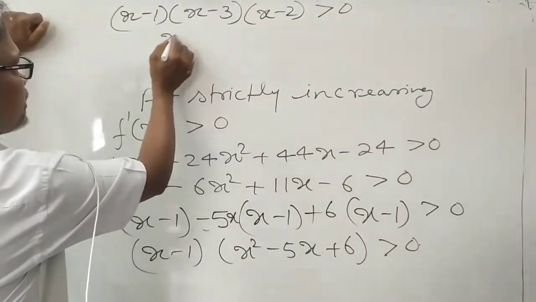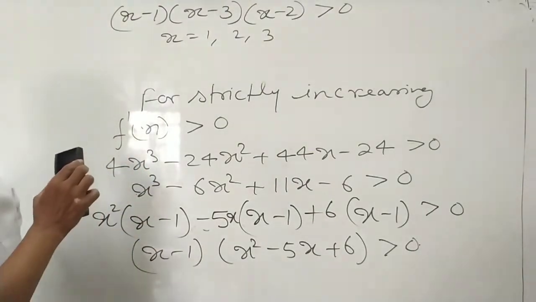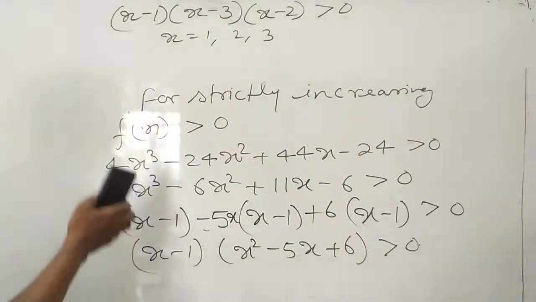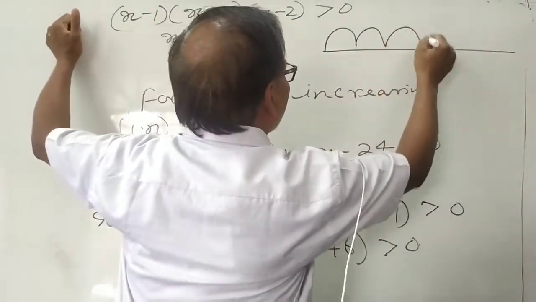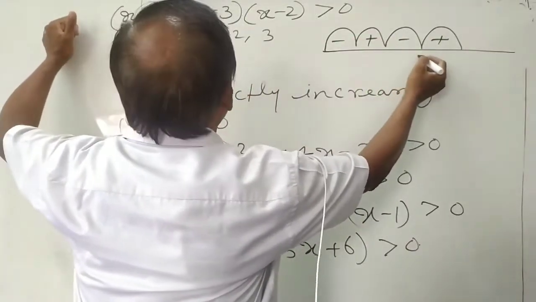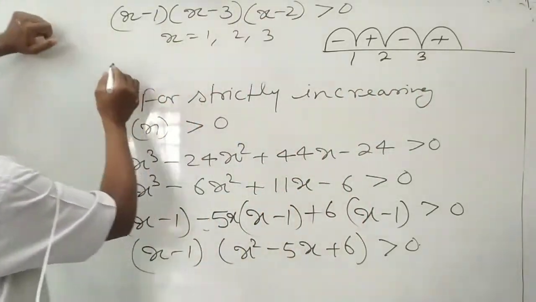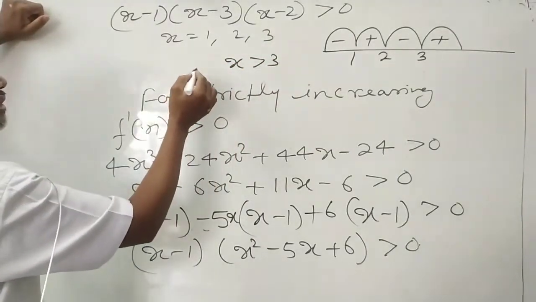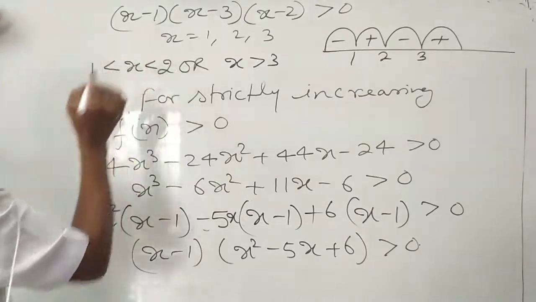Thereafter, there are 3 values, 1, 2, 3. So in the Wavey's curve method, what you will do, plus minus plus minus, this is the greatest number, then lower, then next lower, and for the greater than 0 the x must be greater than 3 or lie between 1 and 2.